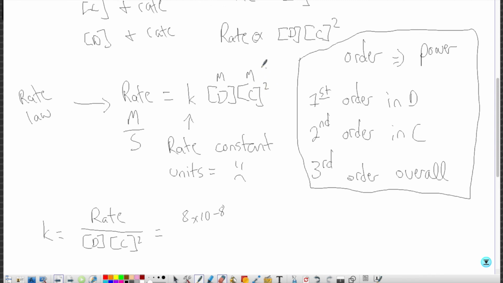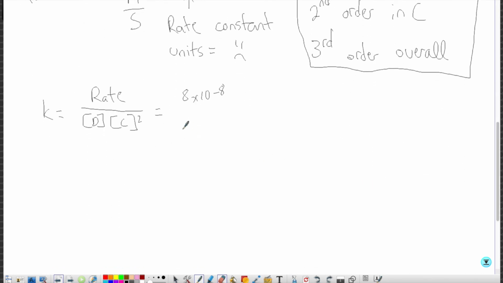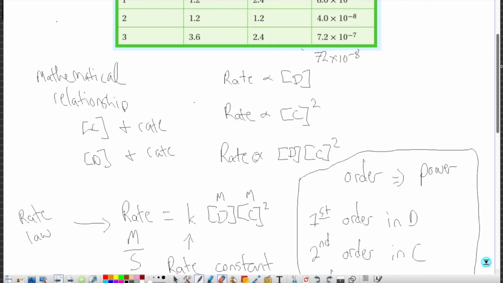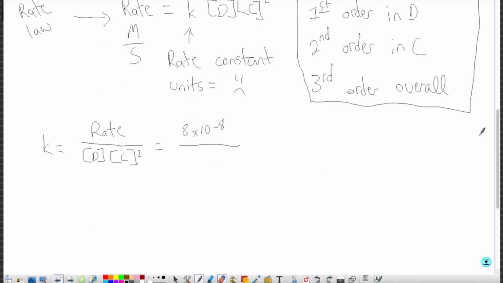And this is second order with respect to C, so that's going to be different units. So when you're figuring out the value of the rate constant, just keep the units out. It's like the one time that I'm okay with taking the units and separating them.